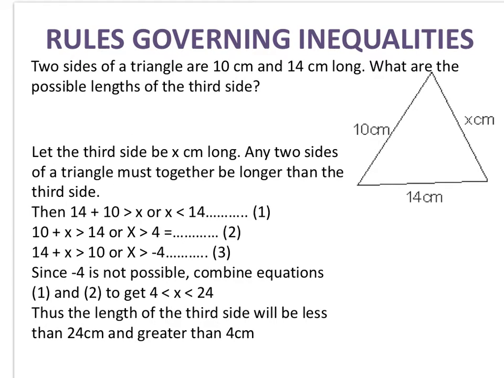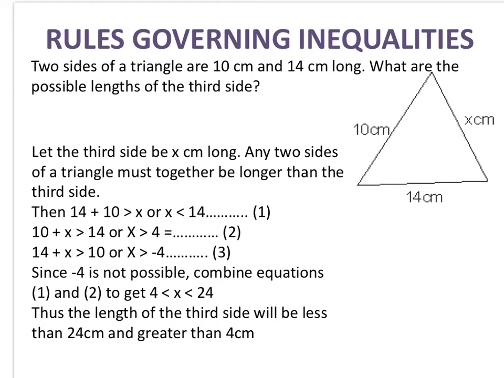Two sides of a triangle are 10 cm and 14 cm long. What are the possible lengths of the third side? The diagram is drawn: 10, 14, and x. Let the third side be x cm long. Any two sides of a triangle must together be longer than the third side.